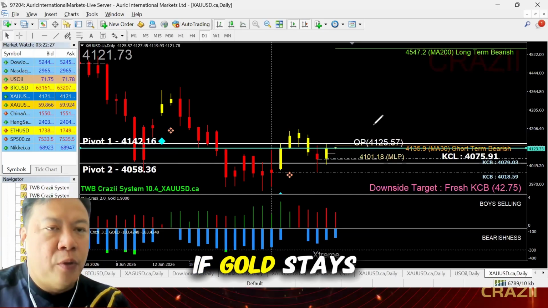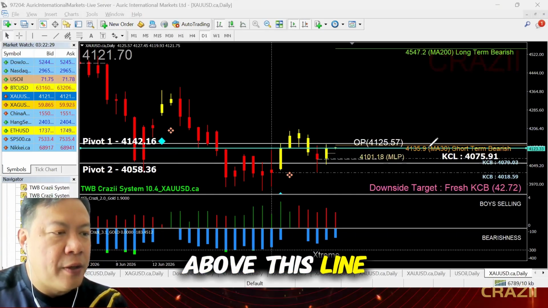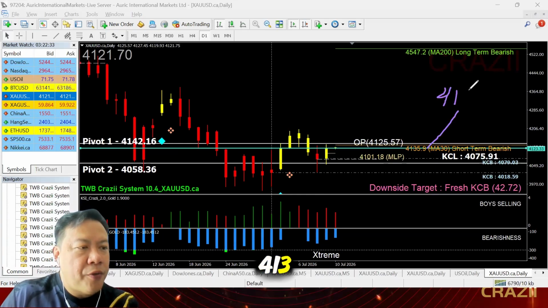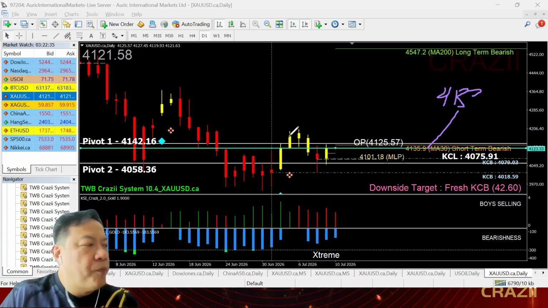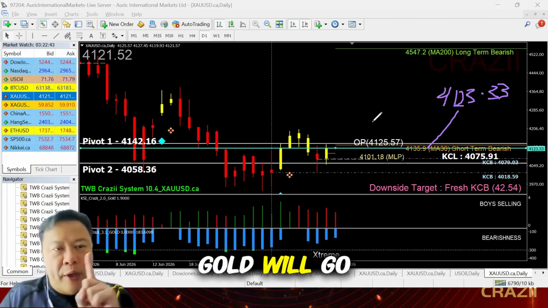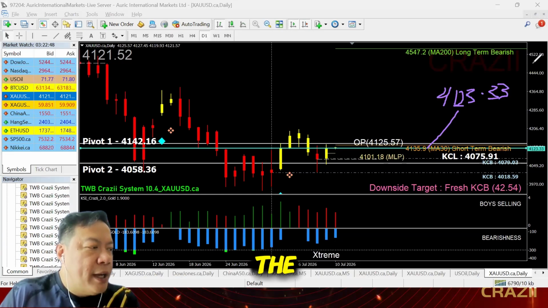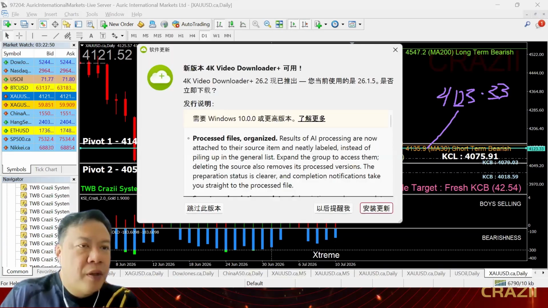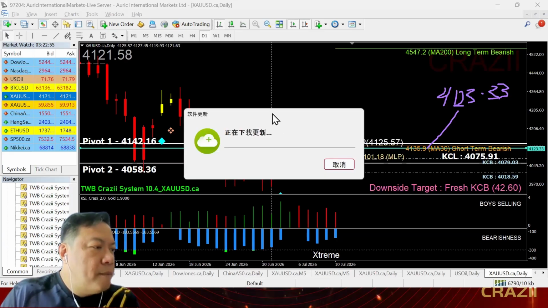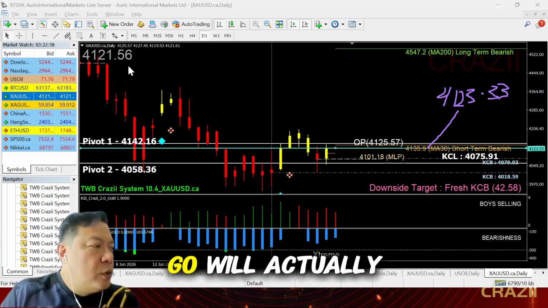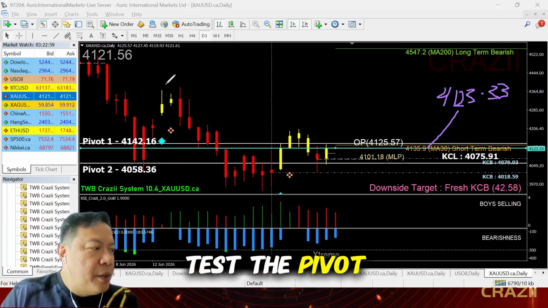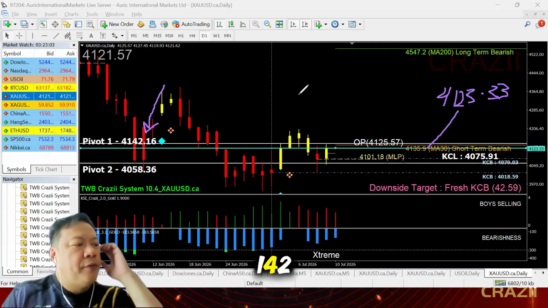If gold stays above this line, 4123.33, gold will go up, gold will trade higher, and gold will likely test the pivot 1 at 4142.